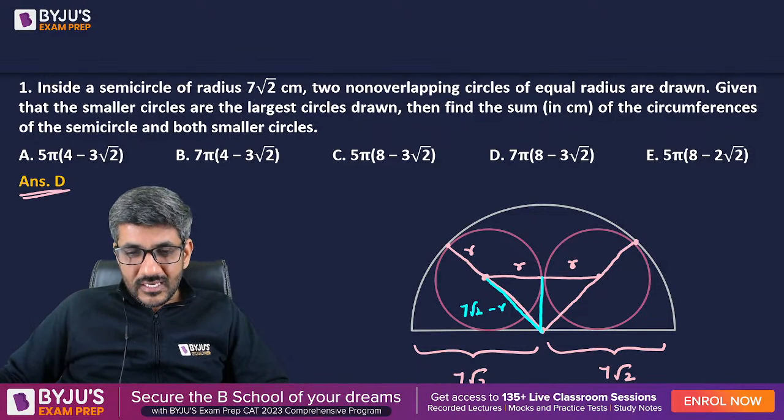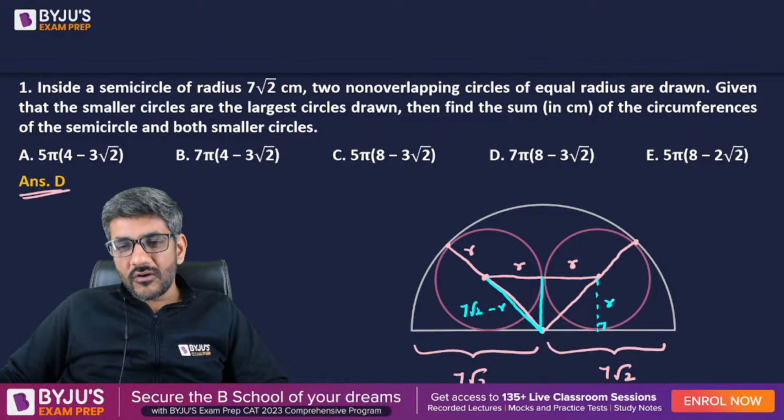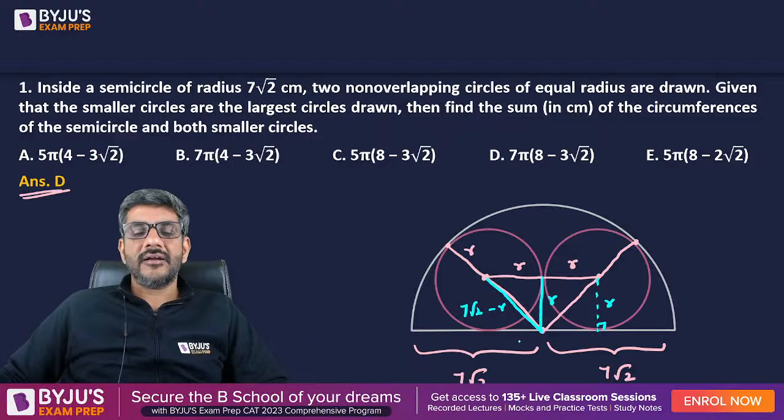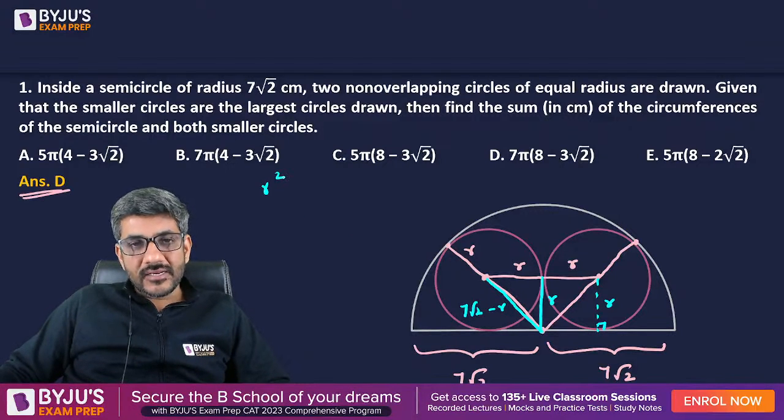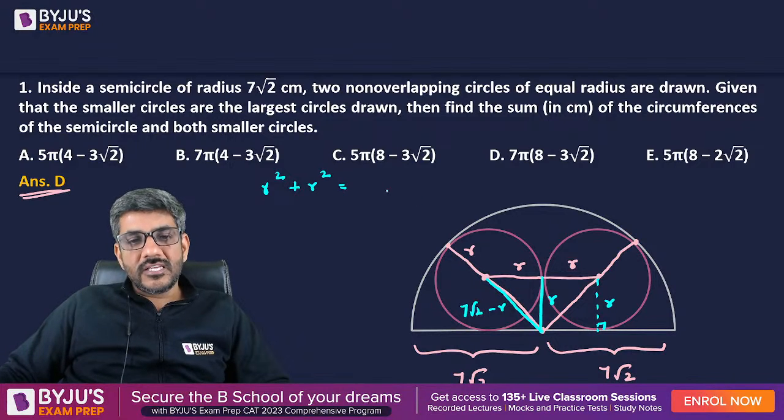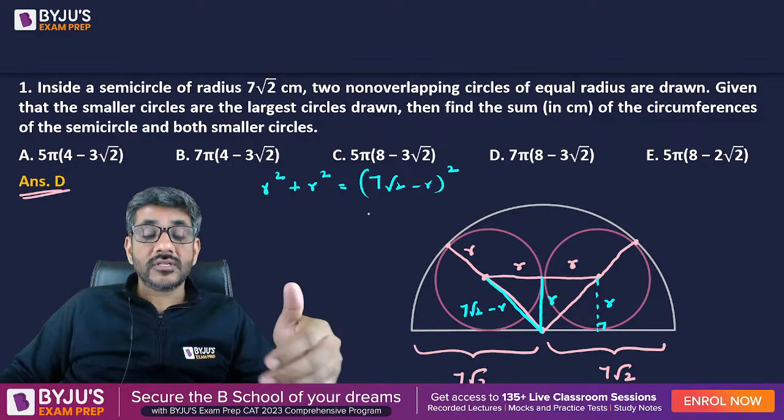And what about this length? Can I say this length would be equal to this length, which is equal to r, of course? So this will also be r. So now I can use Pythagoras theorem in this triangle. That is base squared, that is r square, plus perpendicular squared, that is r square, is equal to hypotenuse squared, that is 7 root 2 minus r whole squared. However, this is one way, there is another way too.